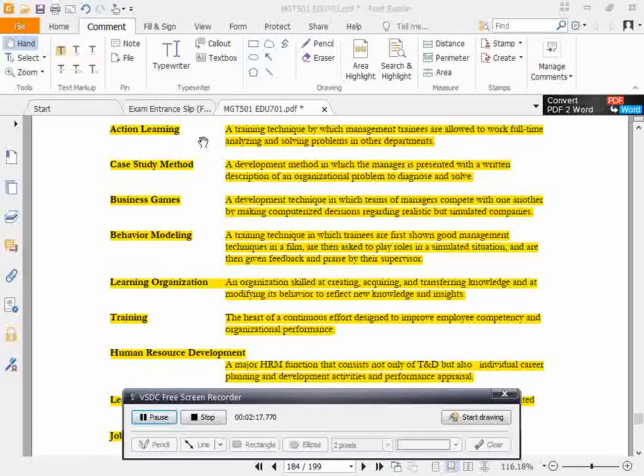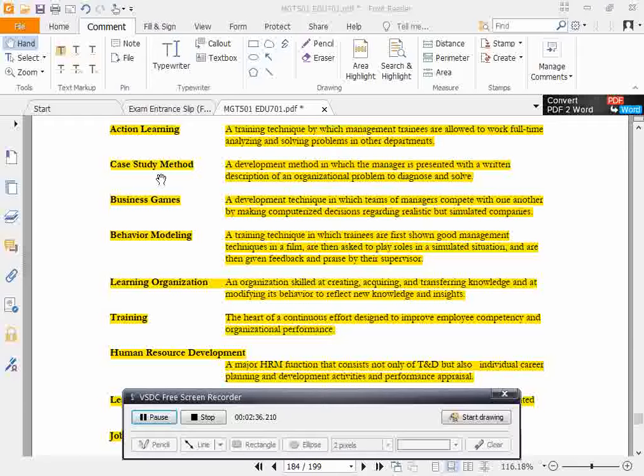Action learning: a training technique by which management trainees are allowed to work full time analyzing and solving problems in other departments.